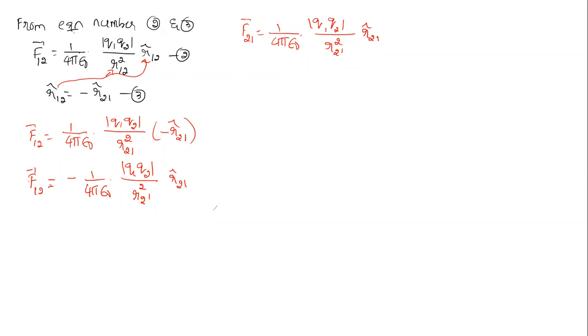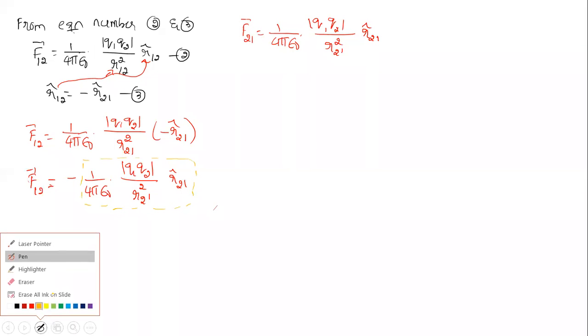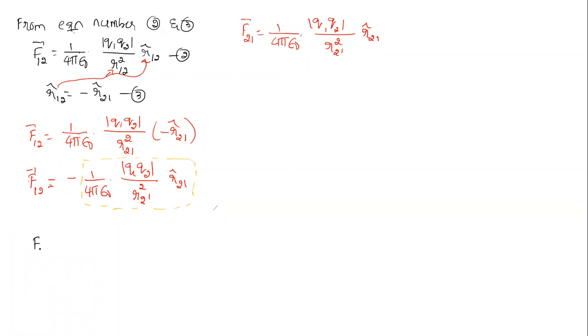Apart from the negative sign, the remaining thing exactly looks like F21, right? Can we replace this portion with F21? So if you replace, F12 vector is equal to minus, as it is, F21 vector.